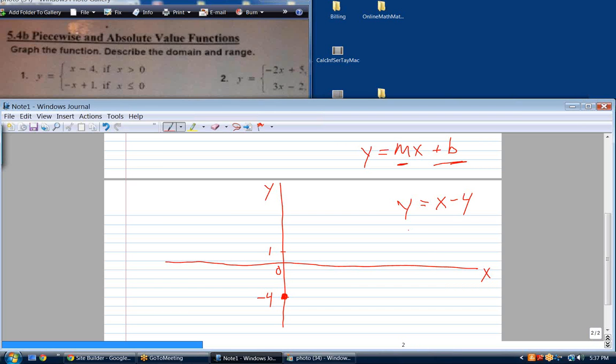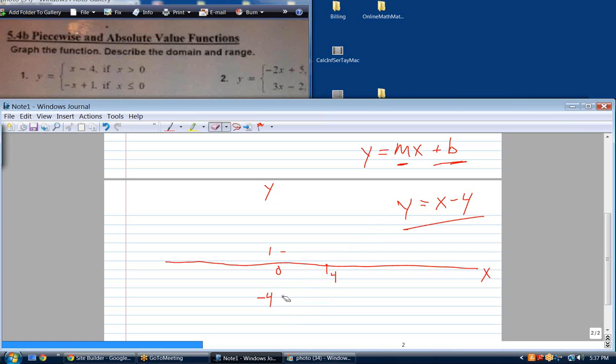What's the slope of this function? What is m? 1. Okay, good. Positive 1, which means I go up 1 and over 1. So if that is 4 on the x-axis, then I'm going to have a slope of about 45 degrees. And this is actually an open dot, not a closed dot.